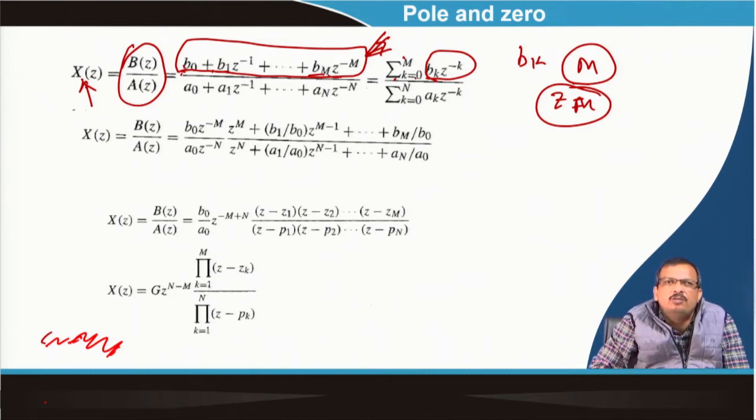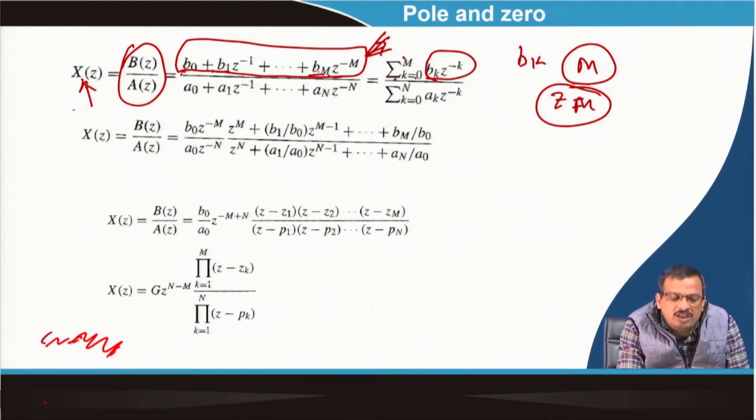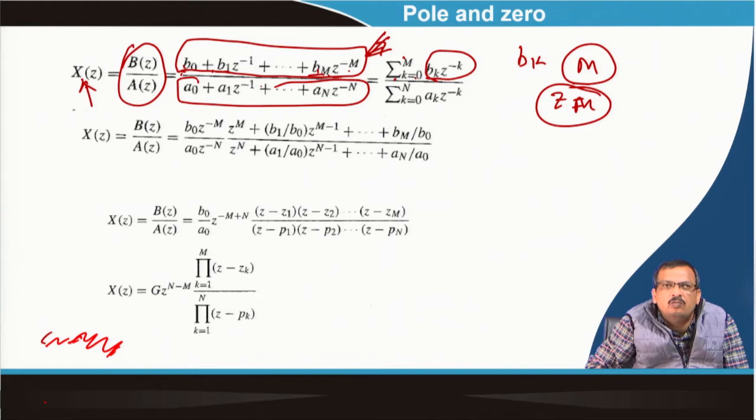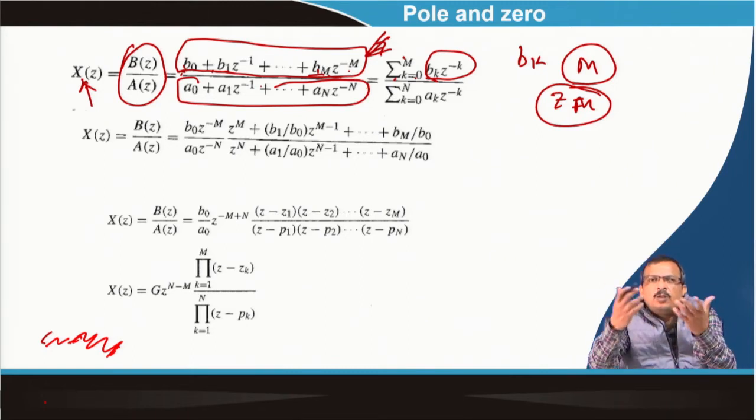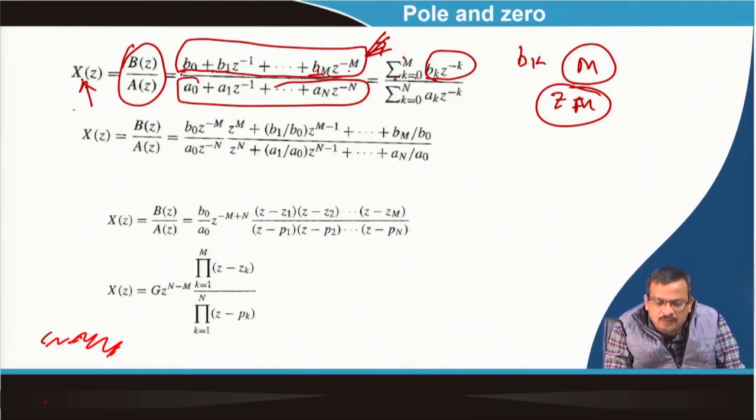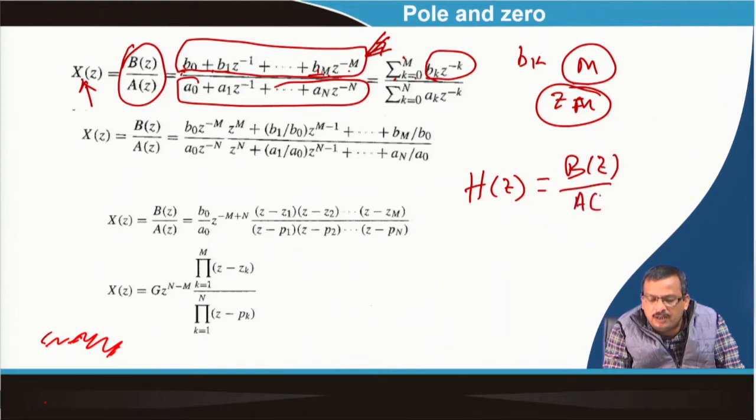Why is this solution of z called a zero, and the solution of the other called a pole? What is the concept of pole and zero? Let us say I have a transfer function H(z), which is given by B(z) by A(z). Now, I know for m number of z values B(z) will become 0, so what will be the value of H(z)?